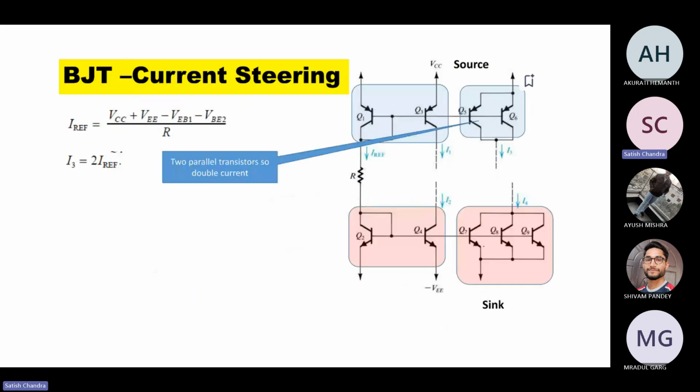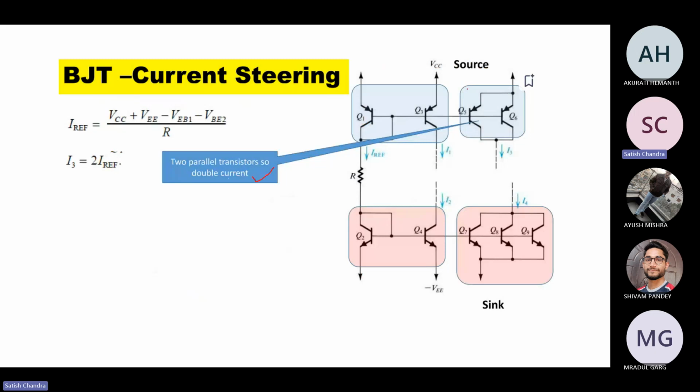Now let's see what is there in the BJT steering circuit, means how it is going to steer in the case of BJT. This is similar to the fashion we have already seen in the FET cases. So basically two parallel resistors, so double current will be there.